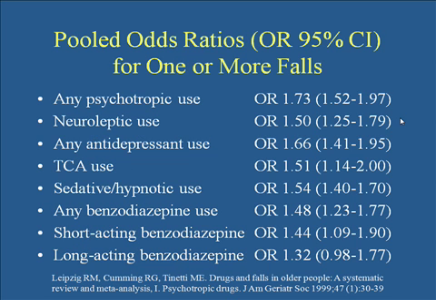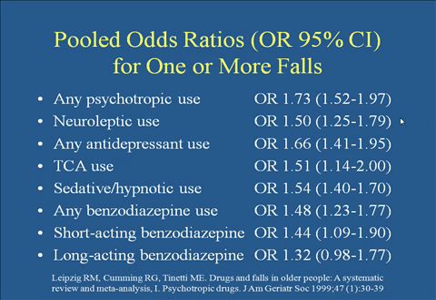And on the screen here, you'll see the pooled odds ratios with the 95% confidence intervals for one or more falls associated with the various of the 8 classes there. And what you can see is, and these are unadjusted odds ratios because there wasn't a lot of adjusting done for confounding in these studies in this time period.